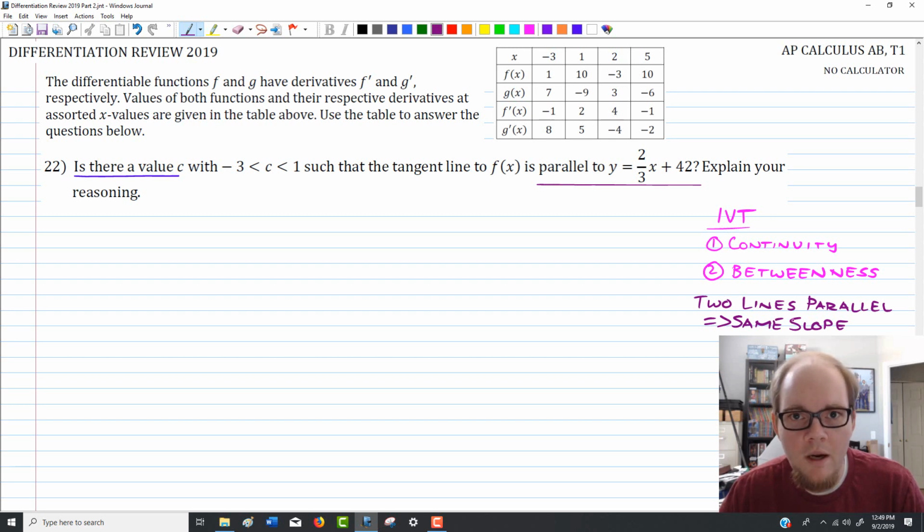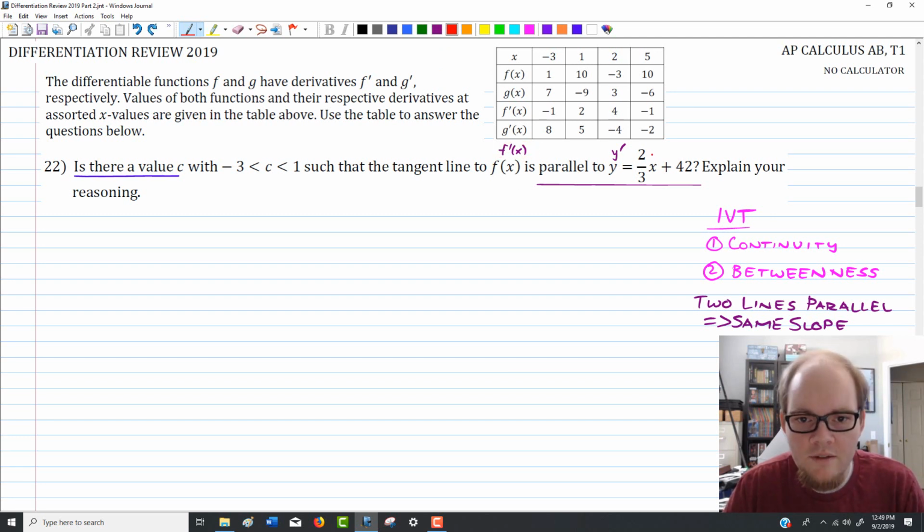So we want the two lines to be parallel, which means we want them to have the same slope, which is the same thing as saying they need to have identical derivatives, or their derivatives need to be equal at some point there. So that's got me thinking about information. Basically, I'm thinking about f prime of x, and I'm thinking about y prime of x. So with that said, looking at some of these ingredients here, the first thing I'm going to think about is f prime of x.